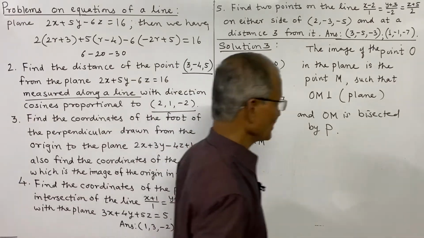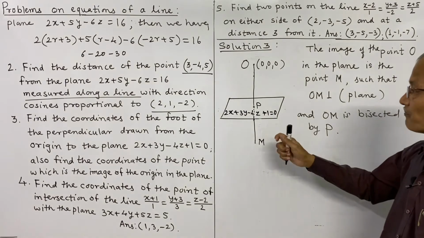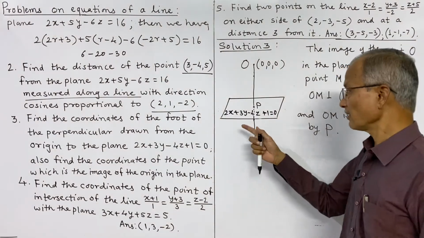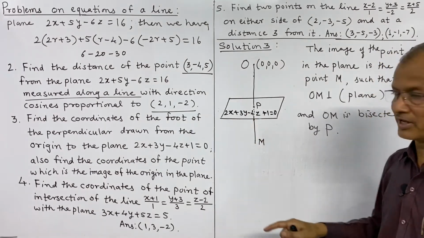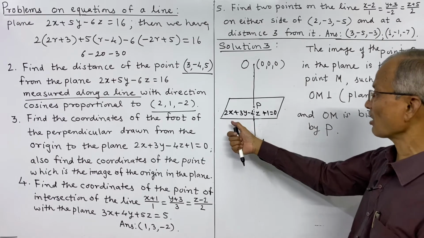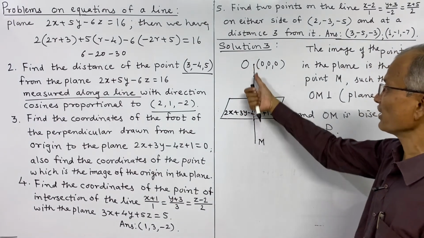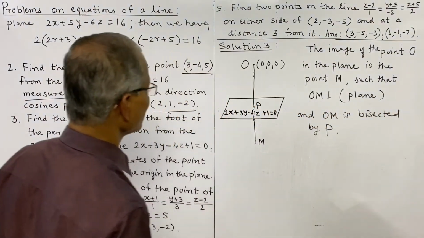We know that in this general equation of first degree, the coefficients of x, y, z represent the DRs of the normal to the plane, and the normal to the plane is OP. So we can write the equation of line OP.